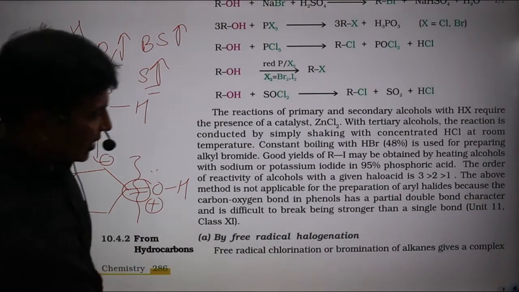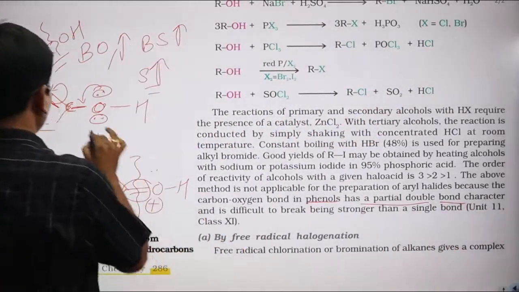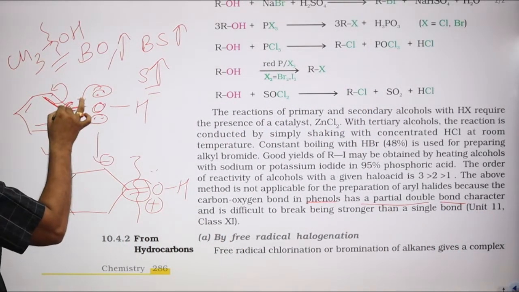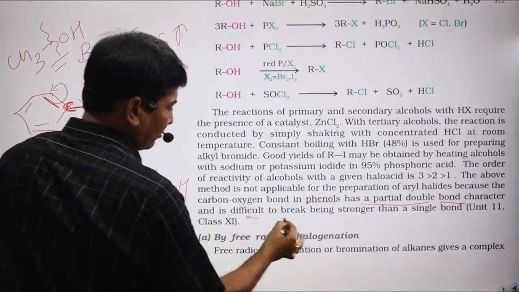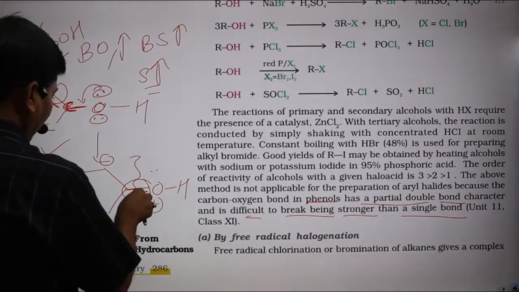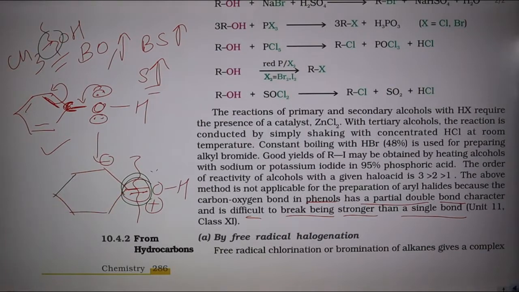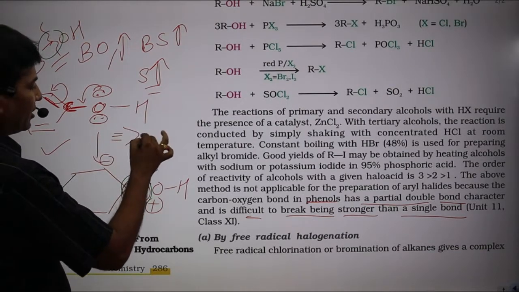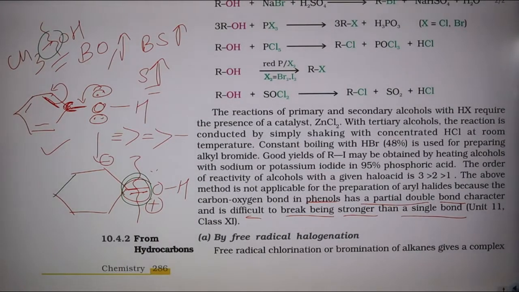So this is what it says, that phenol has a partial double bond character, which is difficult to break, being stronger than a single bond. It has a double bond and it has a single bond, so the bond is much stronger than a single bond.